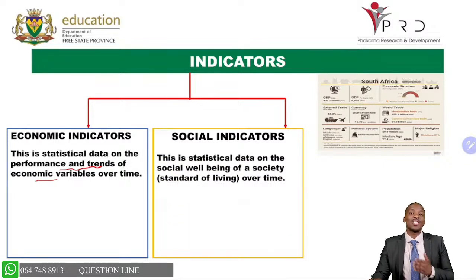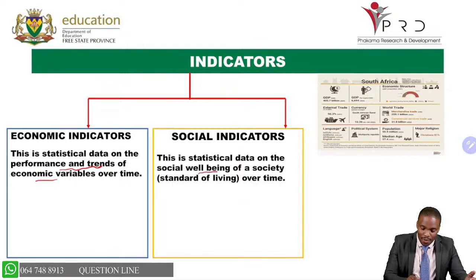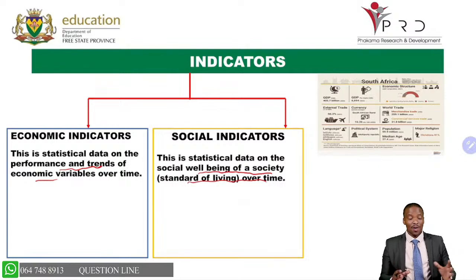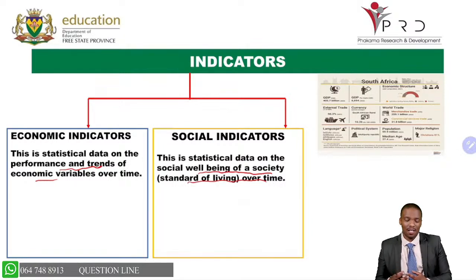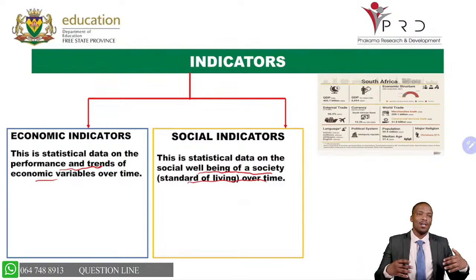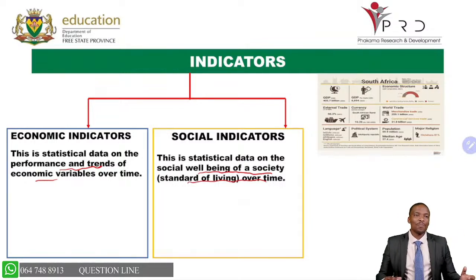While under the social indicators, we are looking at the social well-being of a society. It means we are looking at the standard of living. As I always say, Grade 12s, economic indicators focus on the economy as a whole. Whether you are rich or poor, economic indicators affect you the same.